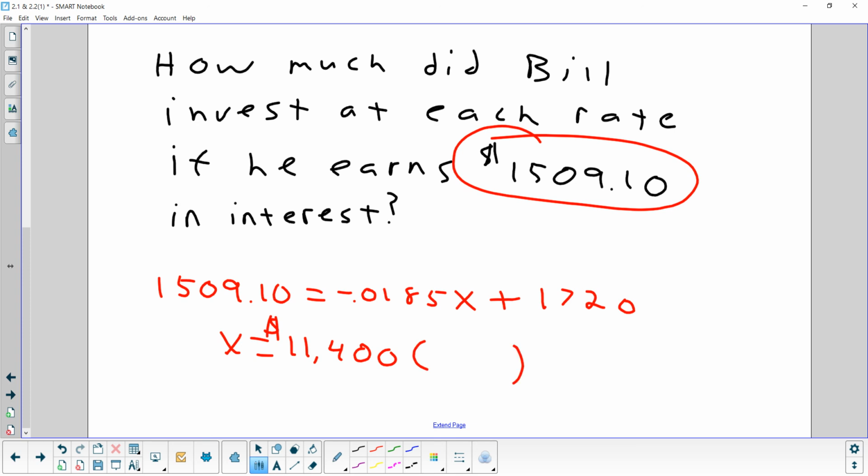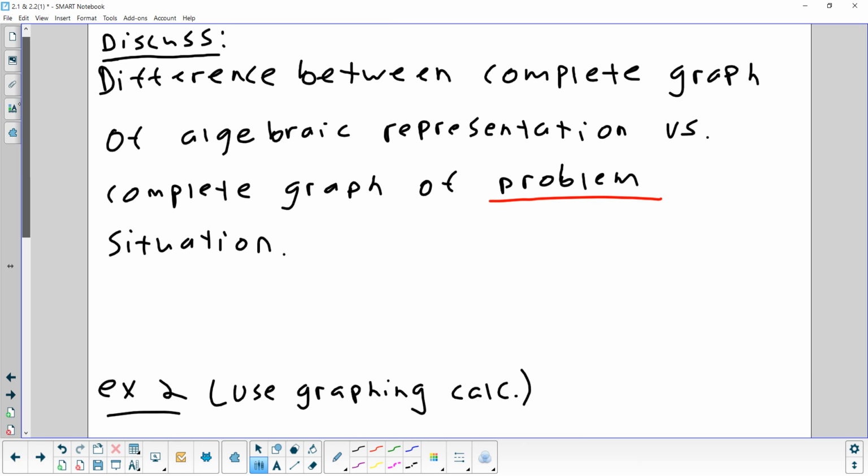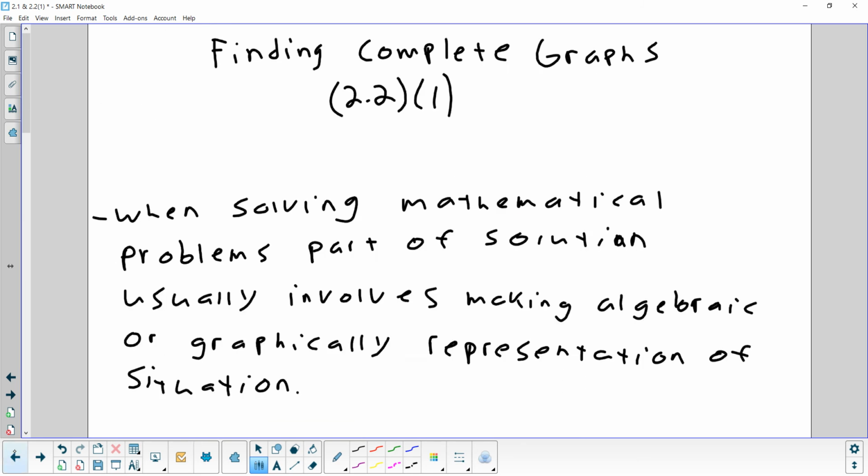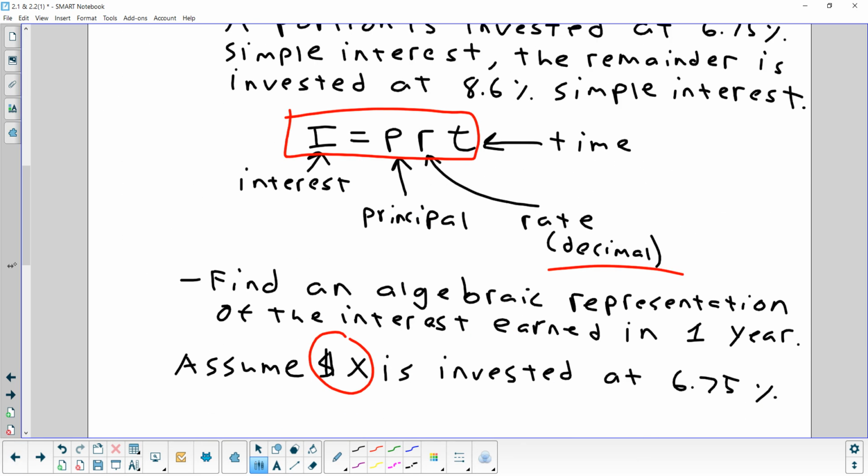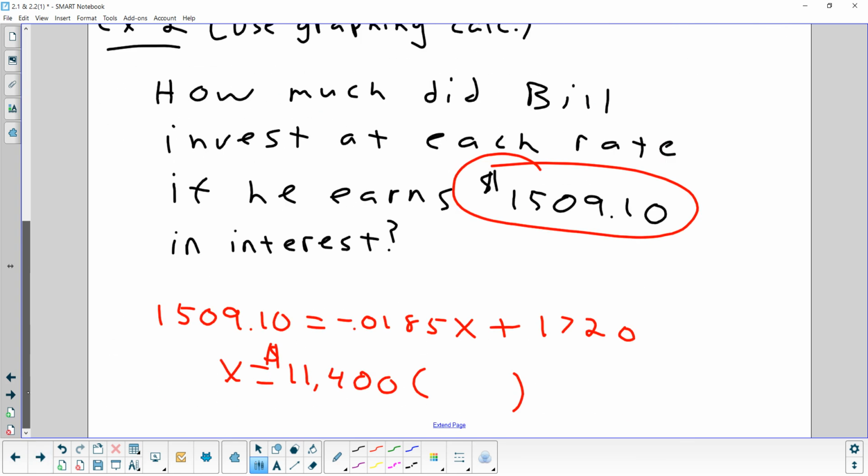And what was that again? X is 11,400. That was the amount of money at 6.75%. Or no, let's go back up. So X is the amount of money at 6.75%. Yep, that is correct.